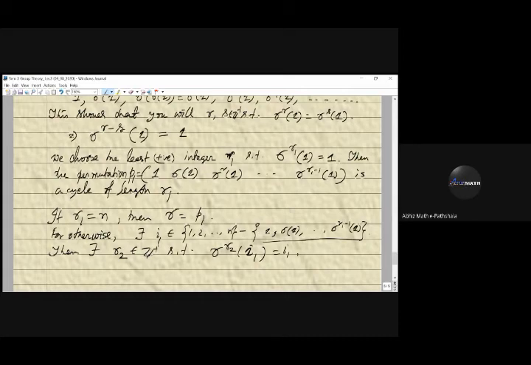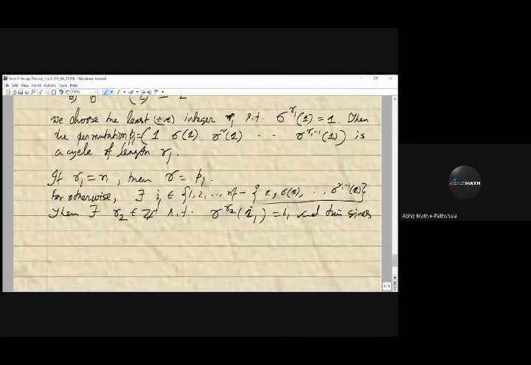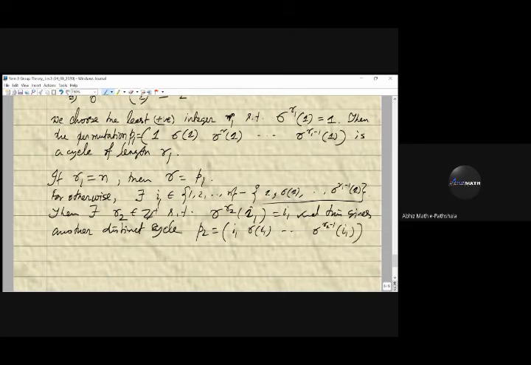This gives another distinct cycle P2 equal to I1, sigma I1, and so on up to sigma to the power r2 minus 1 of I1.